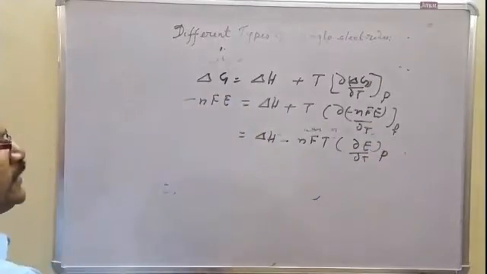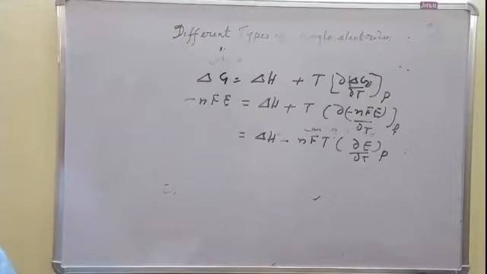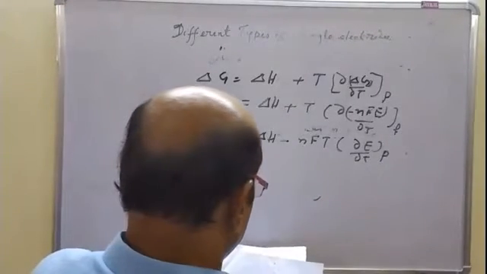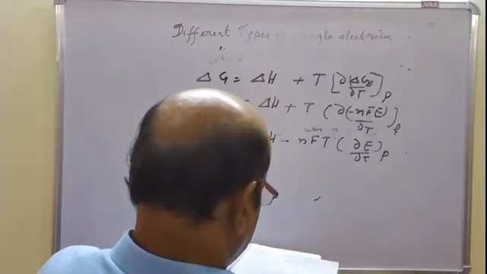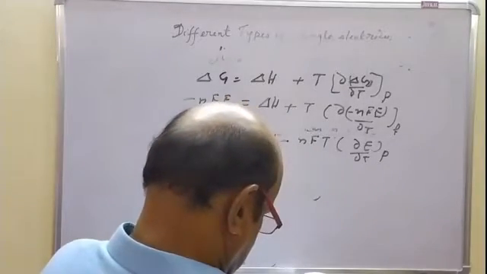So this is another equation: minus nFE is equal to delta H minus nFT dE by dT.